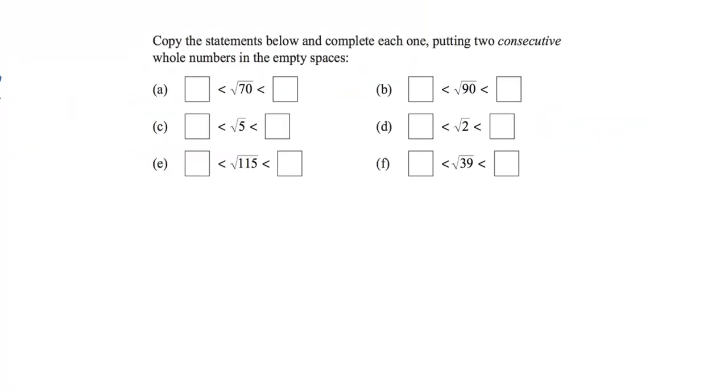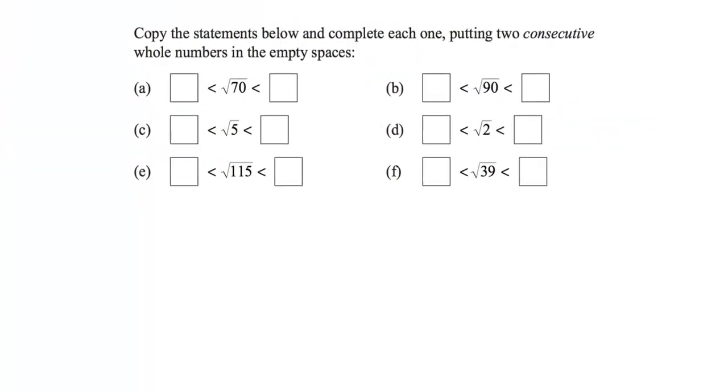Okay, now this is an interesting question. Let's think about this. So copy the statement below and complete each one, putting 2 consecutive whole numbers in the empty spaces. So in this question, we're asked not to work out what, for example, root 70 is, just to think about what whole numbers it could be between. Now, we know, or we should know, that root of 64 is 8.